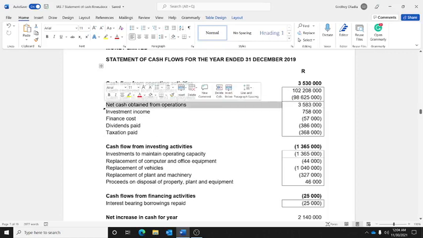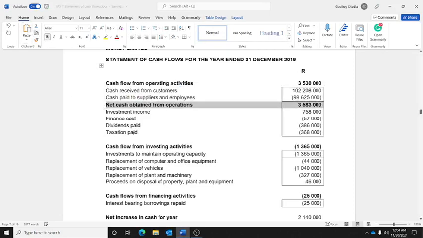In some instances, some people highlight this part here, like in this way. It's just so that you can see what is supposed to be highlighted there. So that is the first example that we are dealing with in relation to cash flow. Thank you.